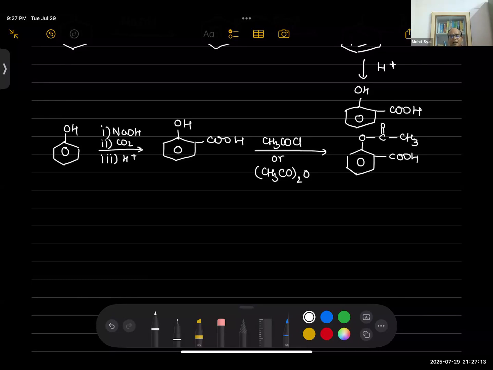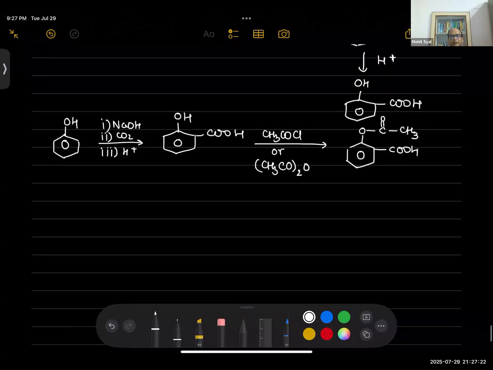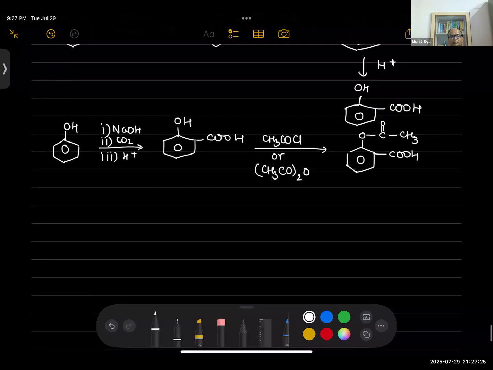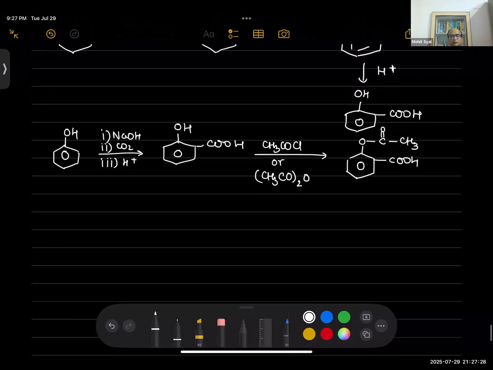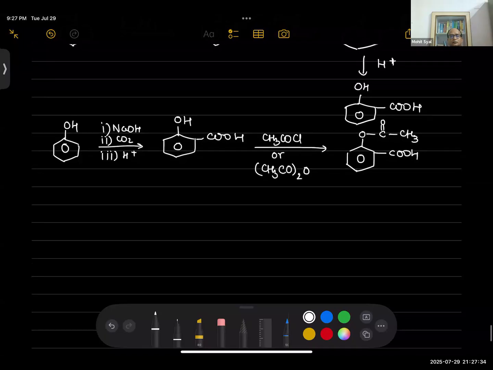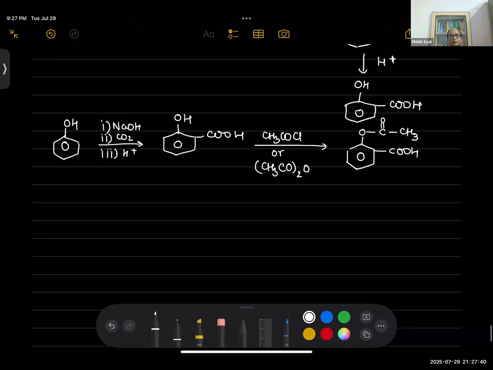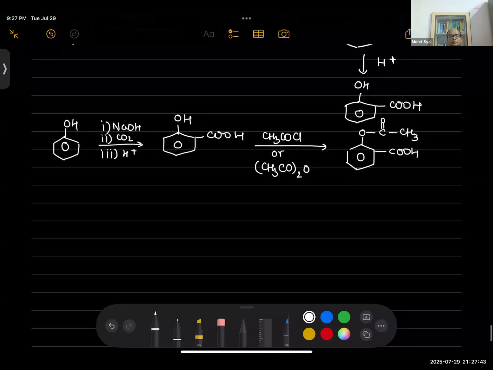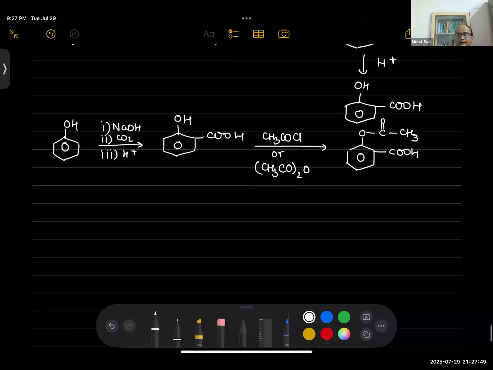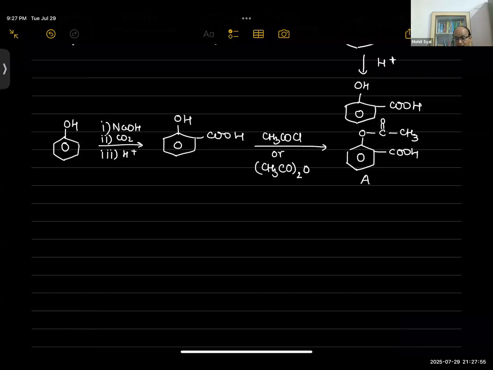That is 2-acetyloxybenzoic acid. Is it clear? Any doubts on this? Preparation of aspirin from phenol. This is a common question being asked in boards.